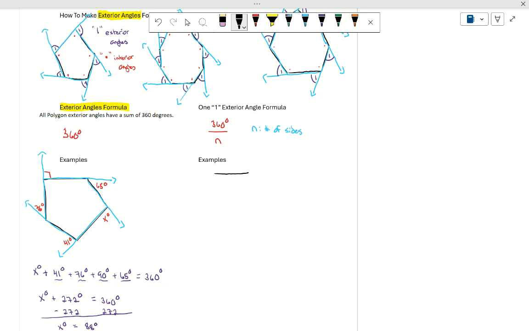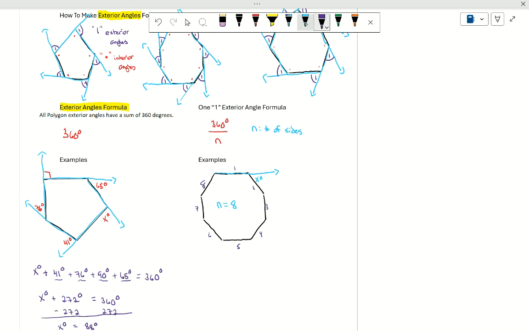Let's say I have an 8-sided shape. 1, 2, 3, 4, 5, 6, 7, 8. And I want to find out how much is just one of the angles of this octagon right here. Now in this problem, n is equal to 8. Why is n equal to 8? Because there's 1, 2, 3, 4, 5, 6, 7, 8 sides.